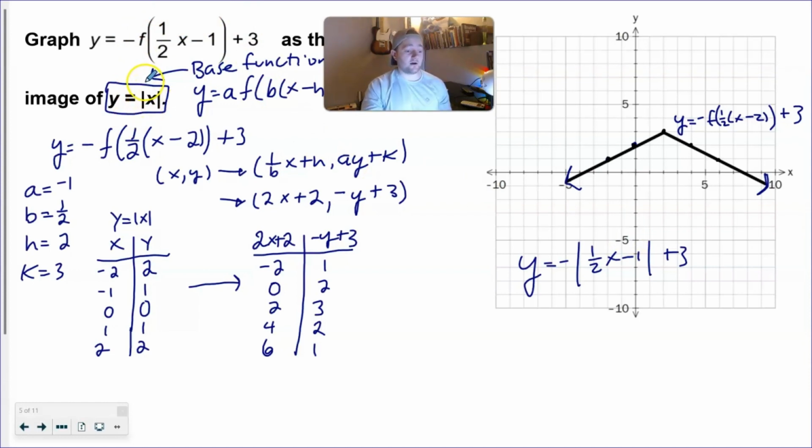But they might just say, graph this, right? And, well, how do you do that? Well, we can do it with a transformation. So be aware you don't necessarily always have that x given. You might just have the absolute value transformational form given, in which case you rely on your know-how to be able to do that with transformational form.